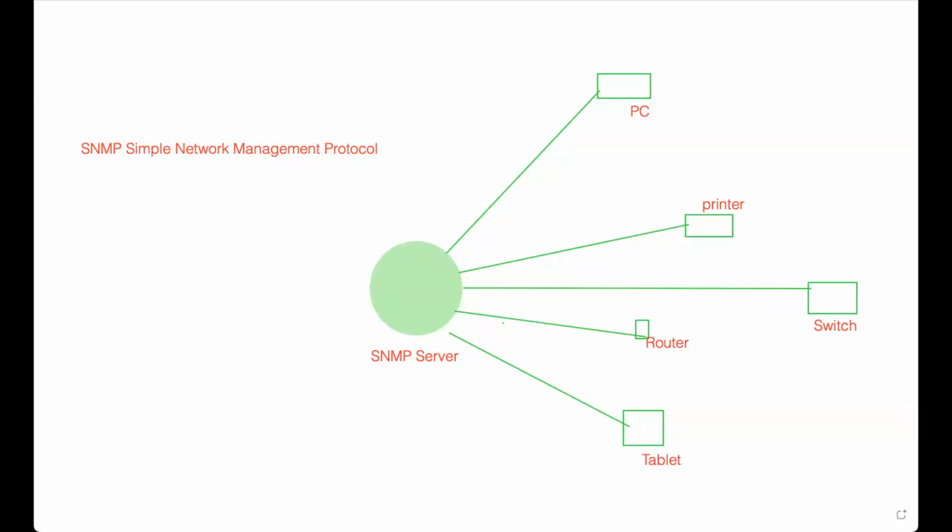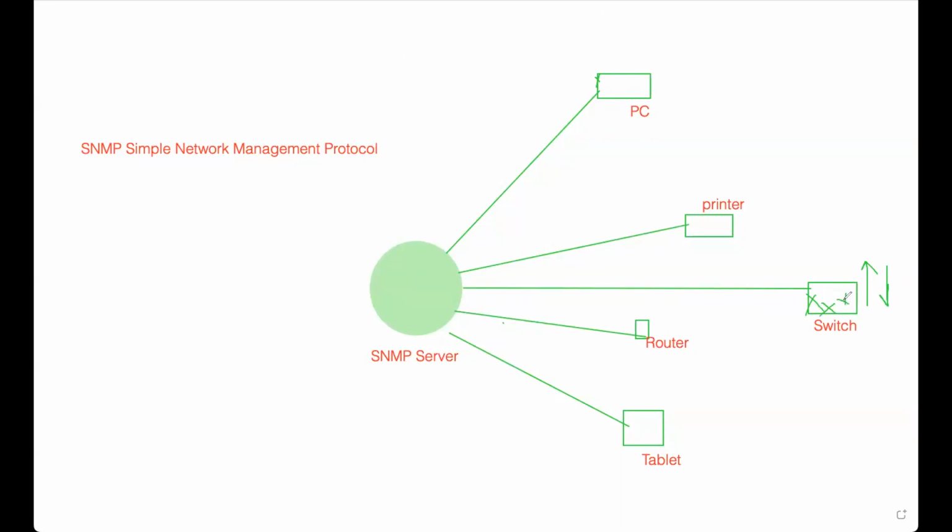Okay, so let's say you have all of these devices in your network and you want to monitor all of these devices. Monitor meaning like if there is some interface went down on this switch, or it has like high CPU, or its memory is getting low, or the switch port went down, or for example, maybe the power supply went down on this device, or the fan speed is slow on this device.